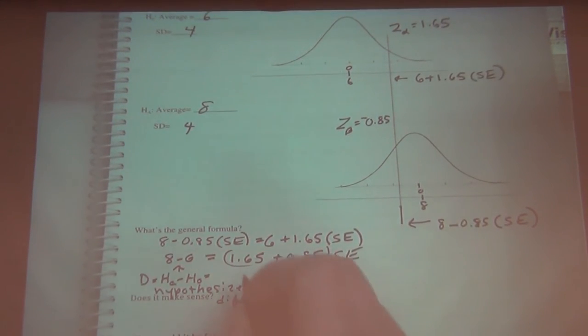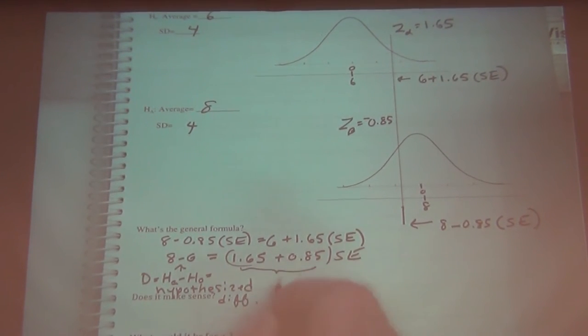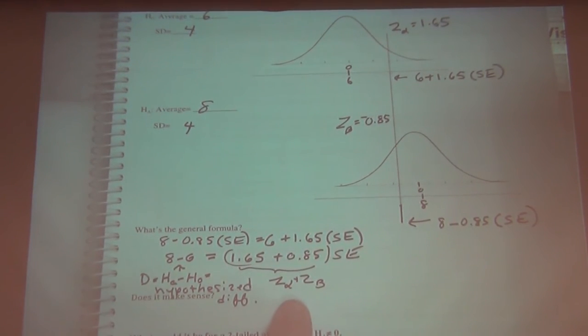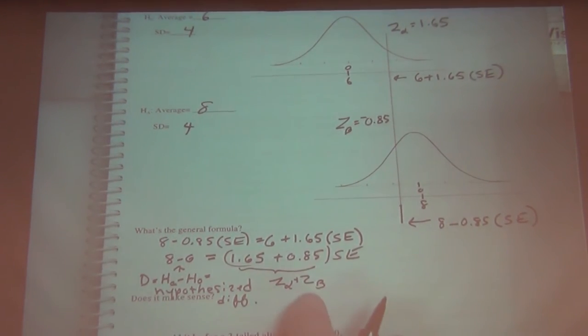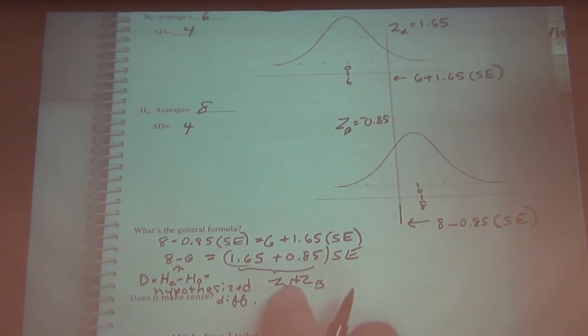And here, you can see, this is just Z alpha plus Z beta. So that's our difference in z-scores. That's our distance in z-scores. I mean, it really is, because that's negative, so it's minus a negative.